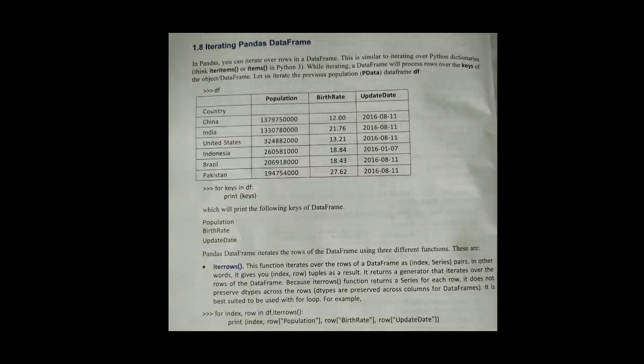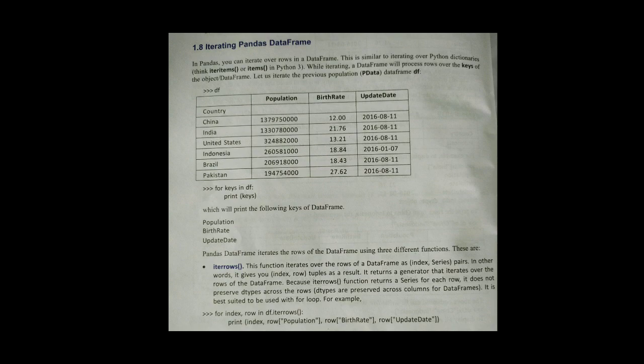Like that, here we are using for keys in df. Keys is a variable and it takes values from df, the data frame which we have already created, and it will print one key at a time.